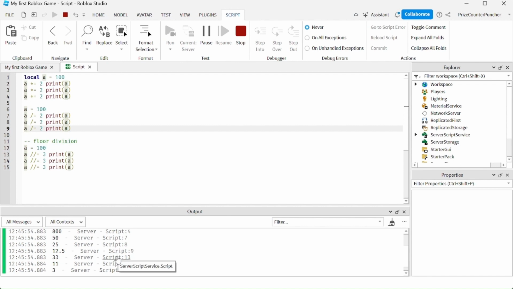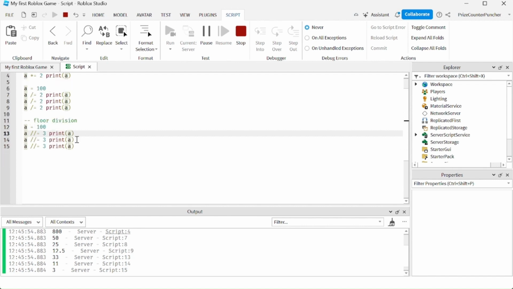In the final section here, we're doing a floor division, so 100 divided by 3 is 33.333, but with floor division it drops it down to the nearest lower integer, which is 33. And then 33 divided by 3 is 11. 11 divided by 3 is 3 point whatever. It gets down to the closest lower integer, which is the number 3.